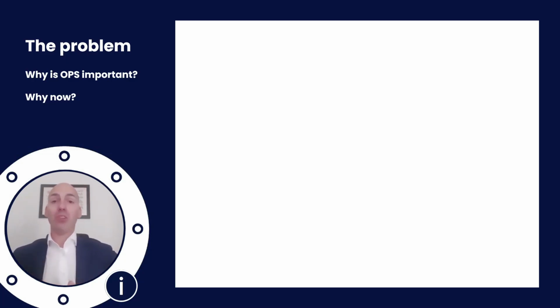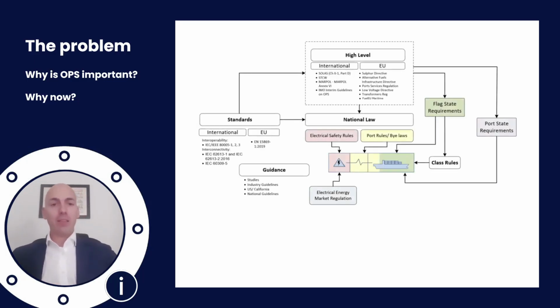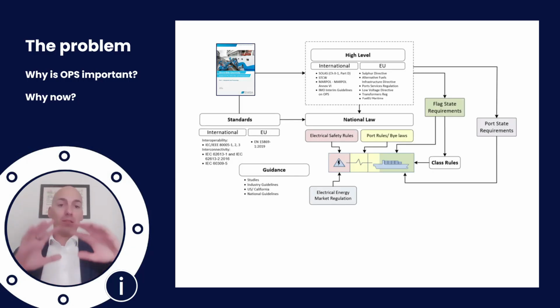Well, of course, emissions, noise, better living environment. This is taken from EMSA, which is the European Maritime Safety Agency. This is a very quick infographic of all the different rules and regulations currently being applied to shore power in order to drive down emissions from ships, but also noise. It's not just CO2 here.